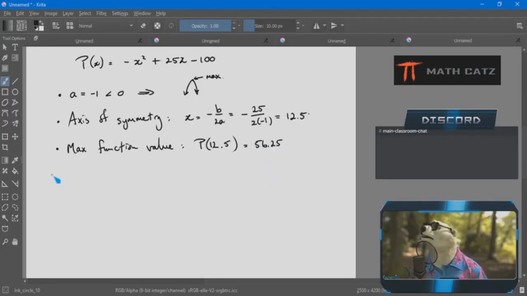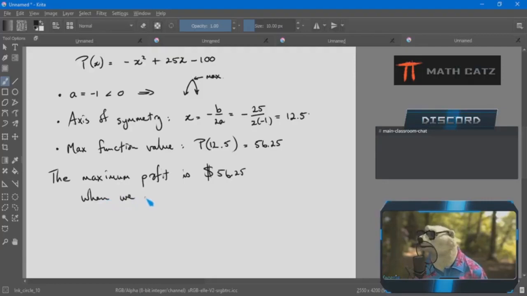So to get, now let's say it like this, the maximum profit is, again, these are very small numbers, so who cares? 56.25 when we, or they, or whatever, produce 12.5 bottles.